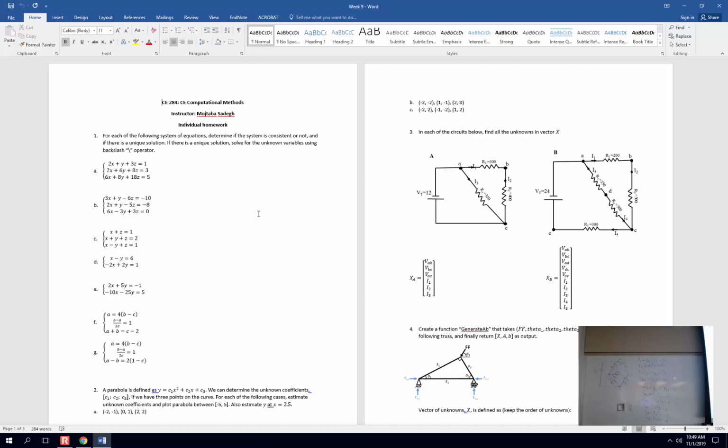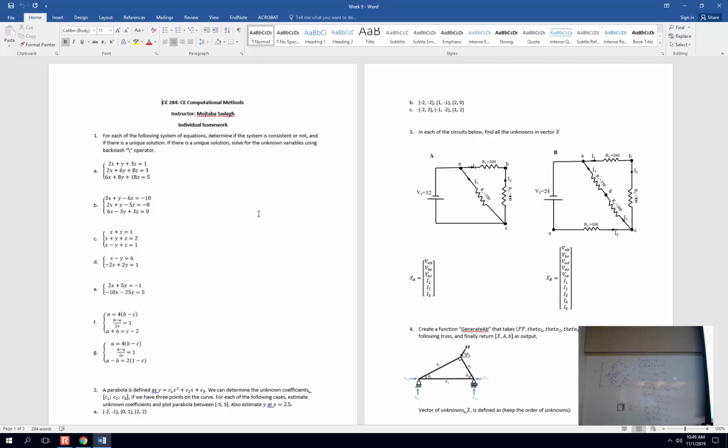Each row is one equation, each column is one value.